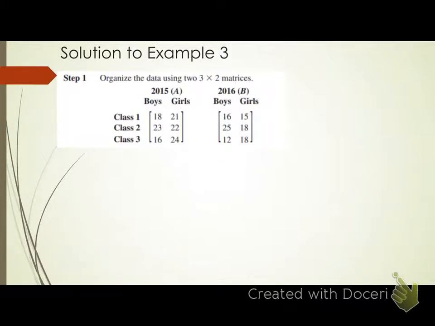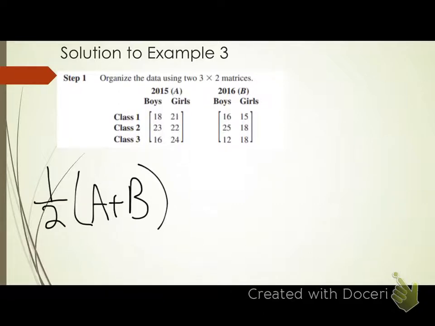So, to find the average, we need to add up and divide by the number of terms there are. So I'm going to have 1/2 times A plus B. That's going to be my little formula. I'm adding my two matrices, and then I'm technically dividing by 2. That's what multiplying by 1/2 is doing.